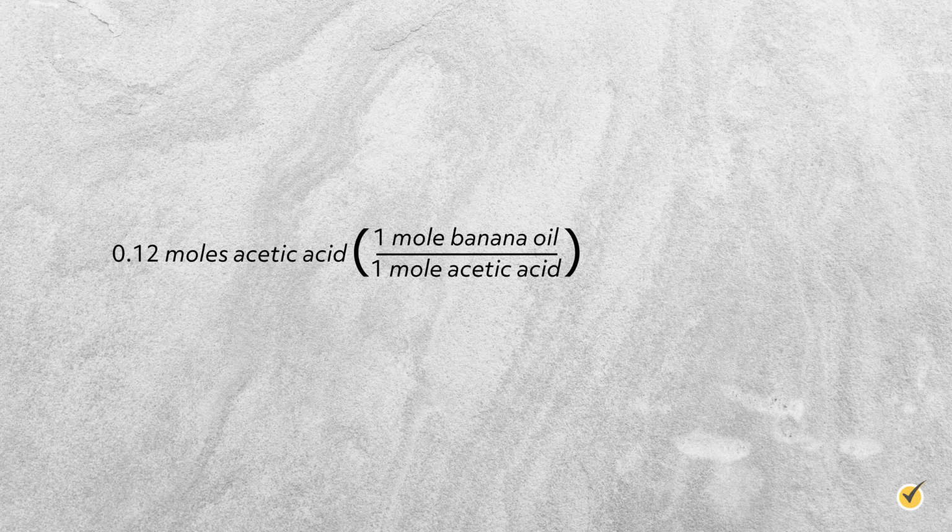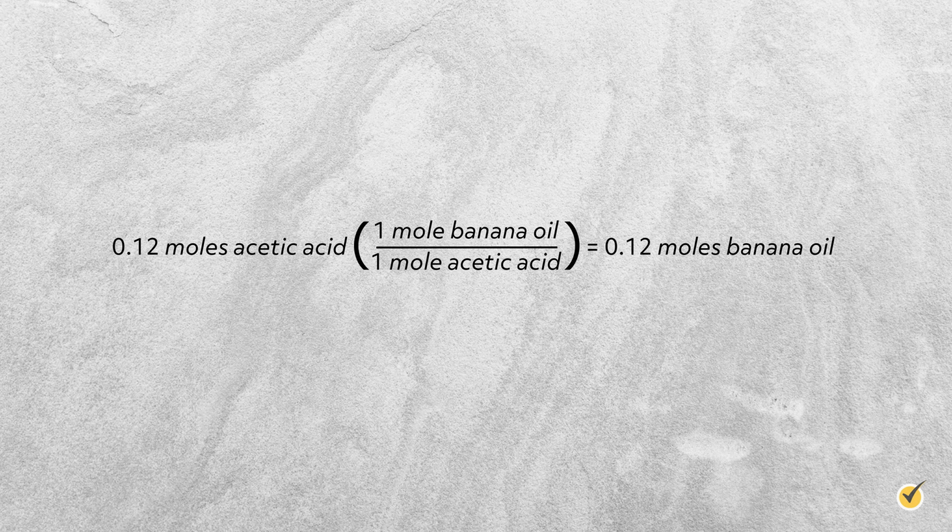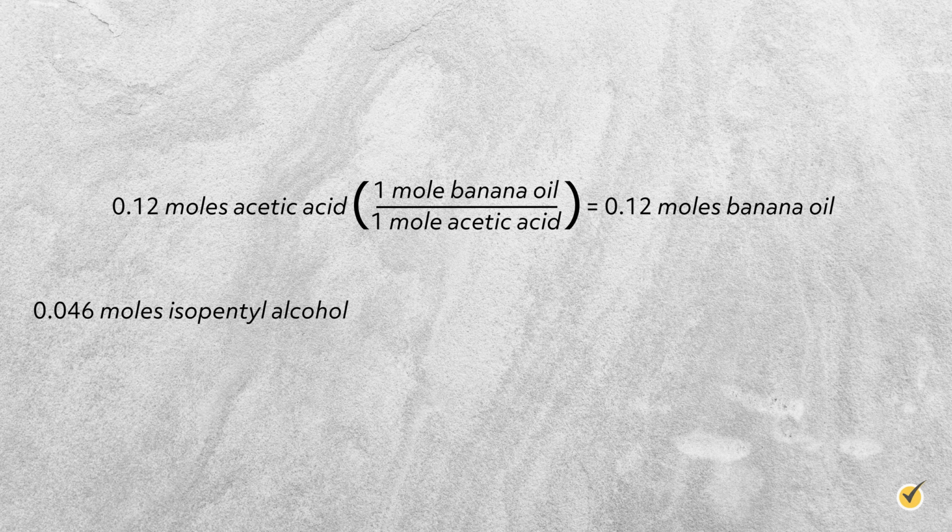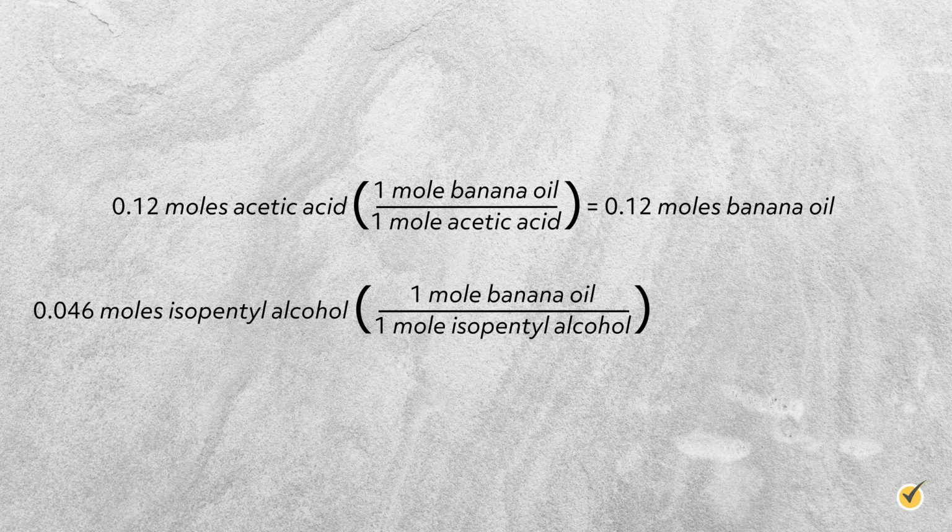This isn't very exciting because the ratio is 1:1, but this step is vital in more complex reactions. 0.12 moles of acetic acid times 1 mole of banana oil over 1 mole of acetic acid equals 0.12 moles of banana oil. 0.046 moles of isopentyl alcohol times 1 mole of banana oil over 1 mole of isopentyl alcohol equals 0.046 moles of banana oil.